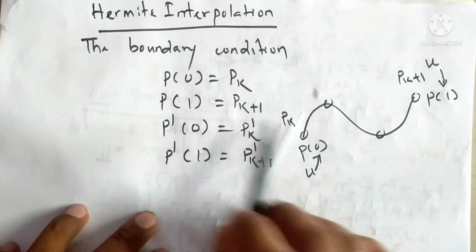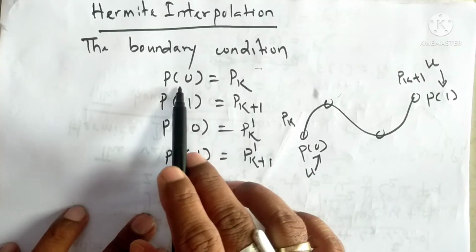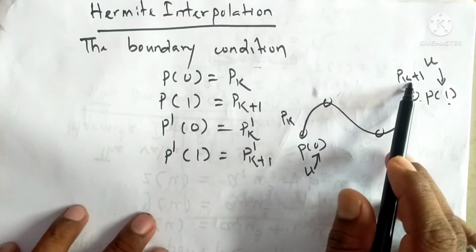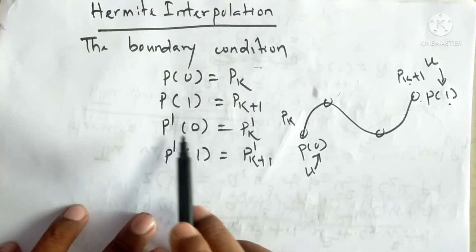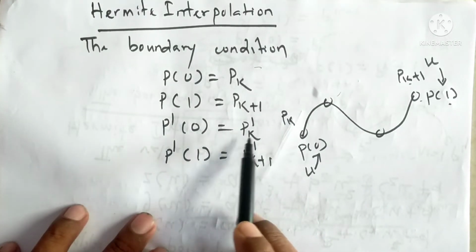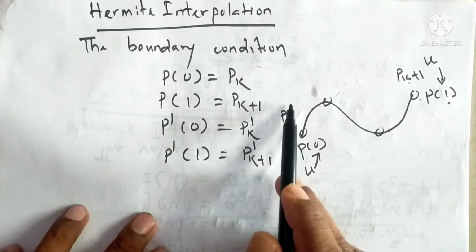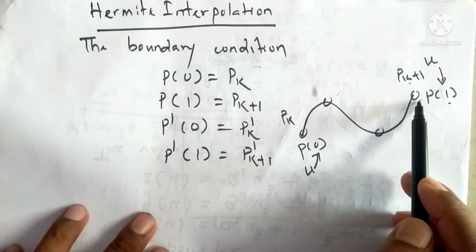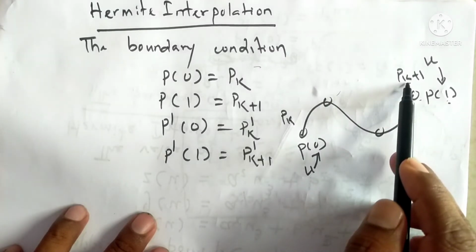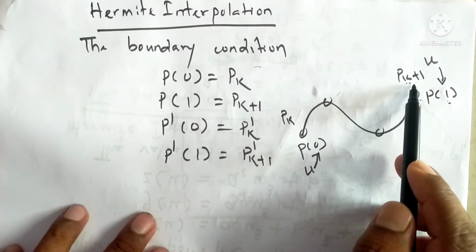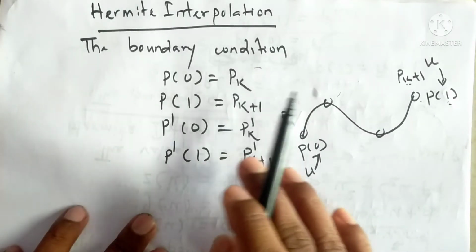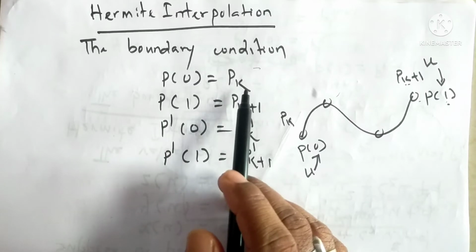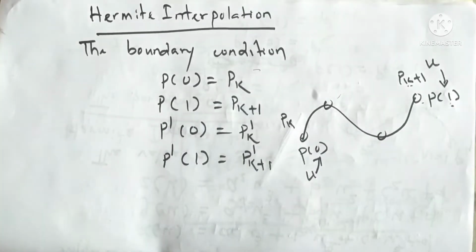So the boundary condition set by Hermite is as follows. P of 0 will be equal to P of k, and P of 1 will be Pk plus 1. And you will take the first derivative. The first derivative at 0 will be equal to the derivative at the kth position, and the derivative at u equals 1 will be equal to the derivative at k plus 1. Now just think about what P is. P represents the parametric cubic point function.